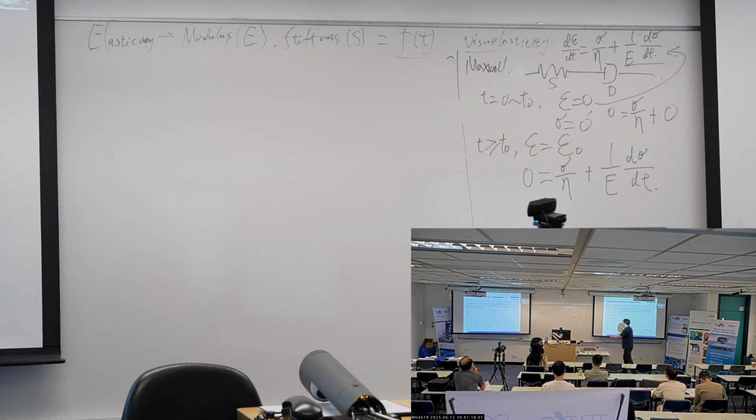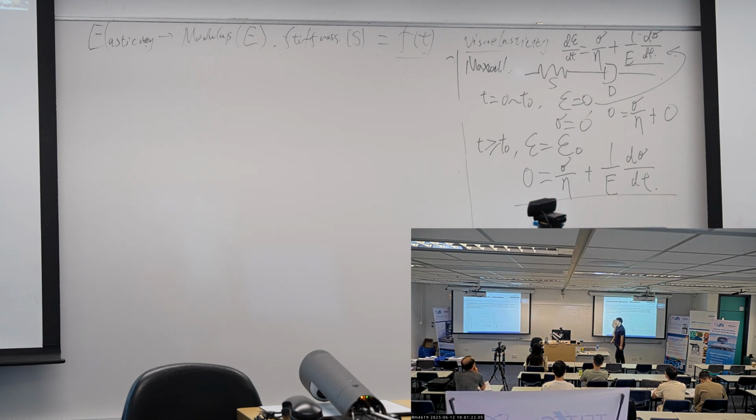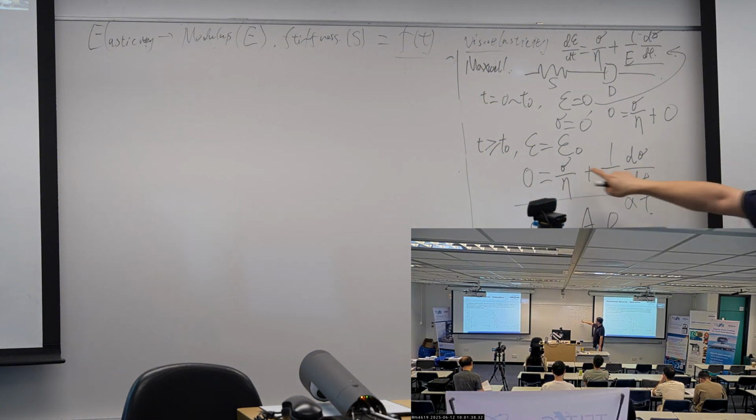And to solve this kind of equation, my sigma should have a solution of the form A times e^(alpha t). Because on the left side there's no time, on the right side it's both sigma and d sigma over dt. So sigma should be an exponential function.